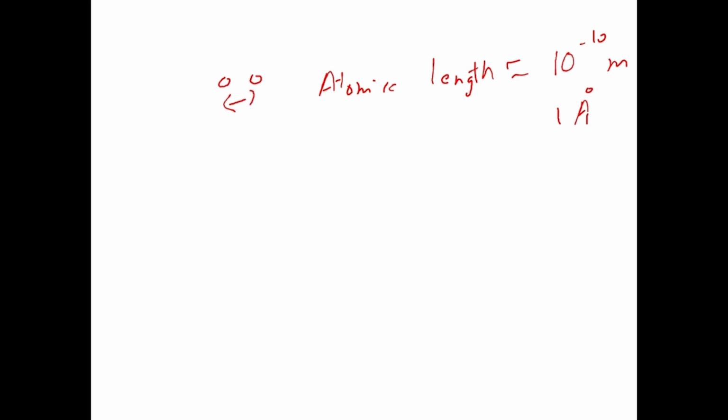So if the length scales of the system that you're looking at are roughly comparable to atomic length scales, you cannot make the continuum assumption, right? That is the main criterion.